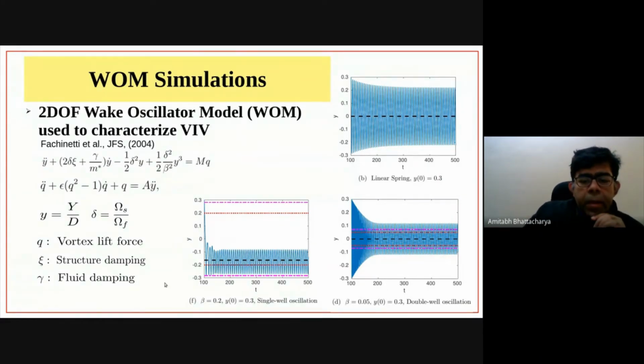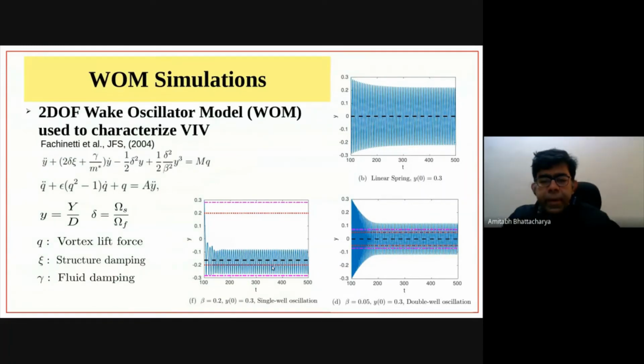What we found is, as expected, so this is my y equal to 0. This is what a linear spring displacement versus time plot looks like. We start with a large amplitude and let it go, and you can see that it gives a nice sinusoidal type of behavior as far as y versus t goes.